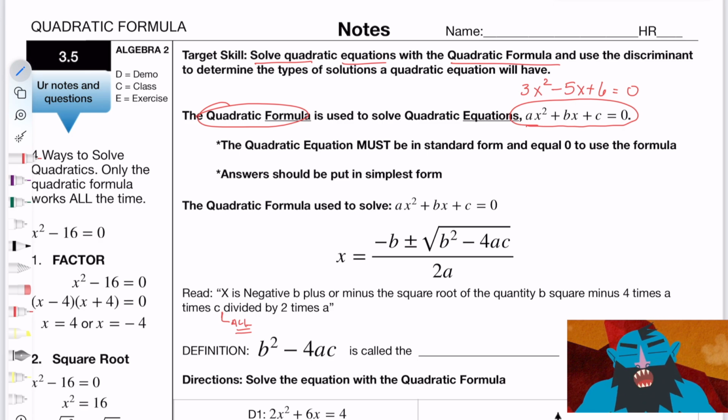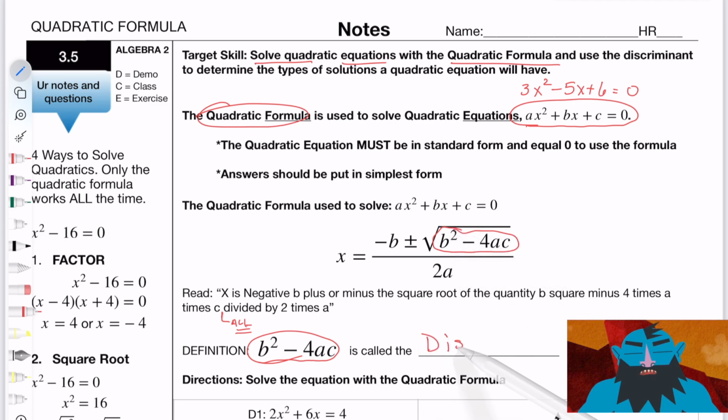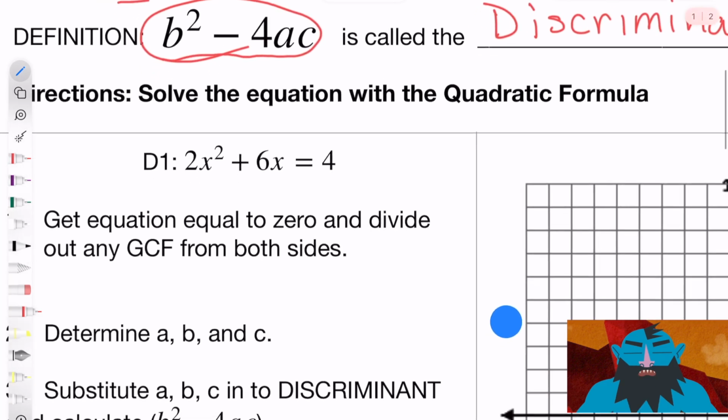And finally we've got a little definition here. The definition is b squared minus 4ac, so this quantity that's underneath the radical when we're using the formula, that is called the discriminant. The discriminant. More about that later. Alrighty. So let's go into our first example here.